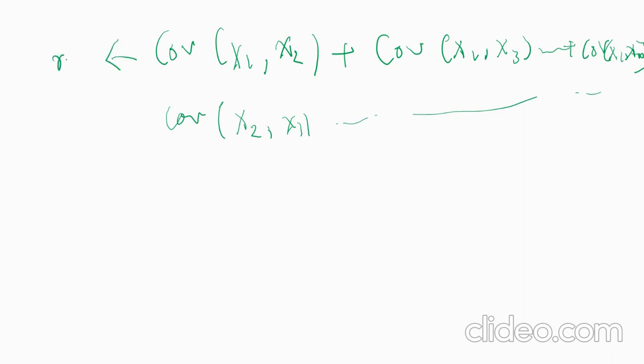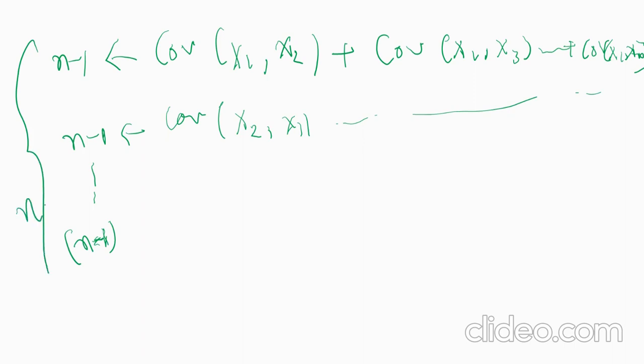So this will be n minus 1, this will be n minus 1, this will be n minus 1. So for n terms it is happening.